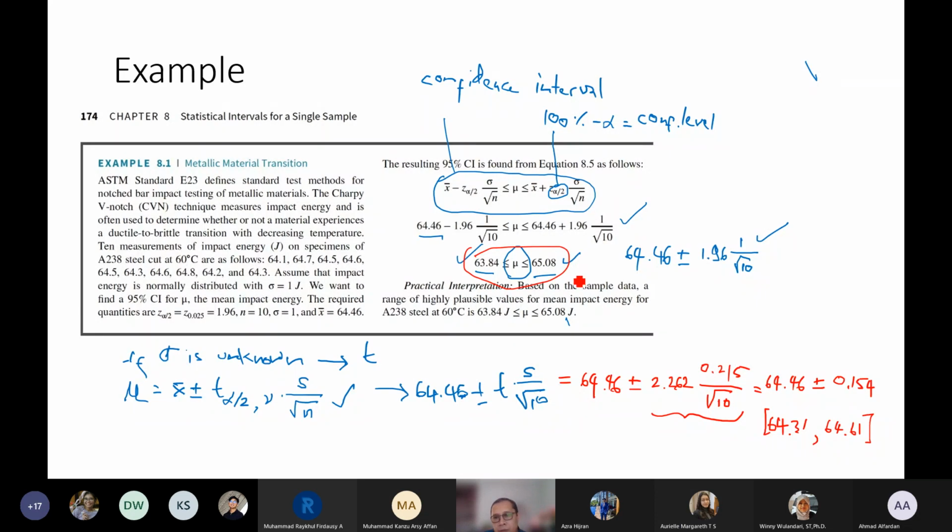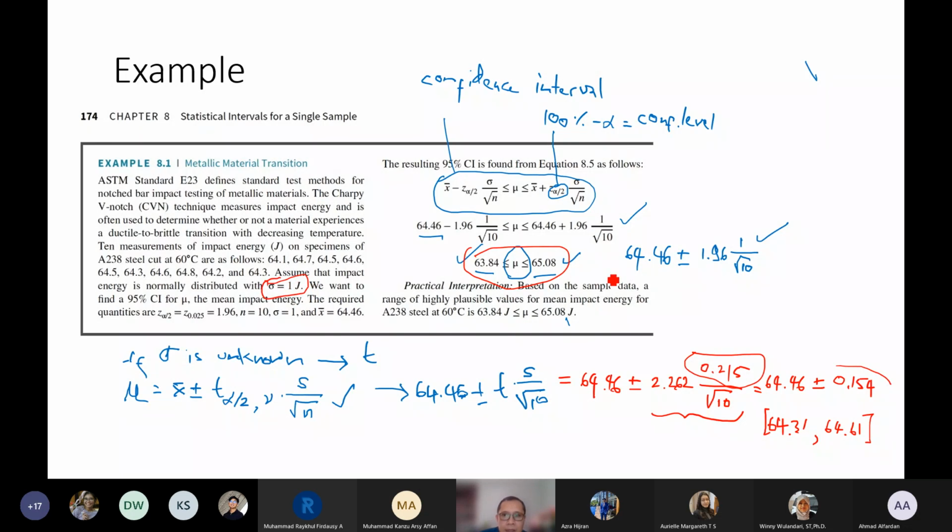Yeah, it seems to be rather narrow, but anyway. Oh, I get it. This is because the value of S, this one here, is much smaller than this one here. Doesn't matter.